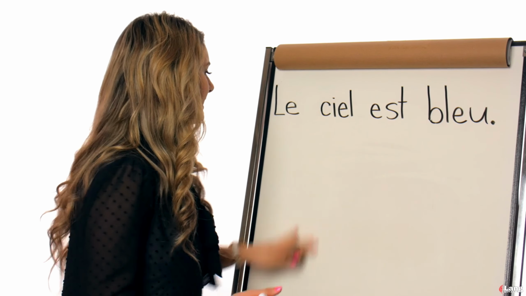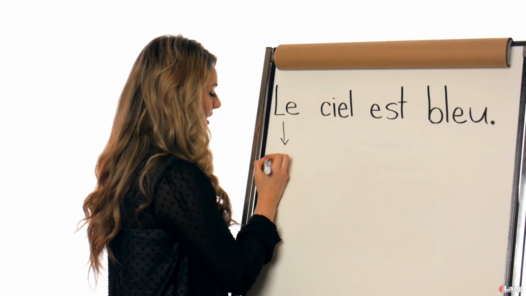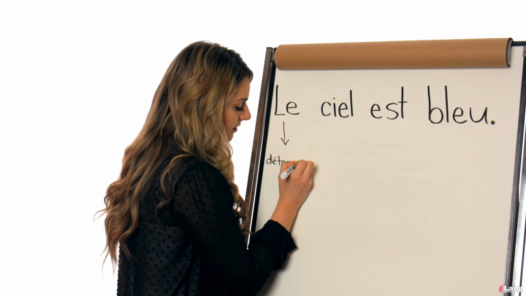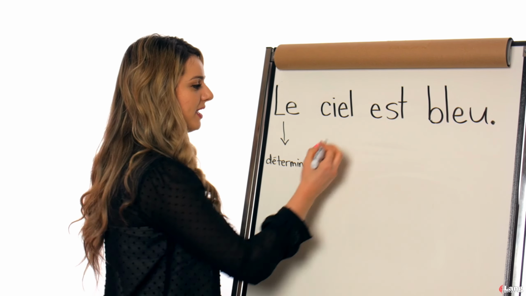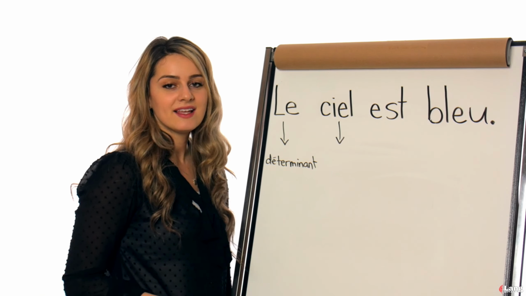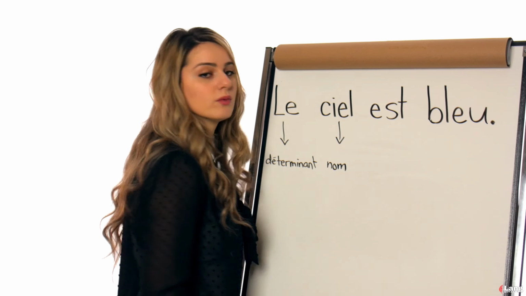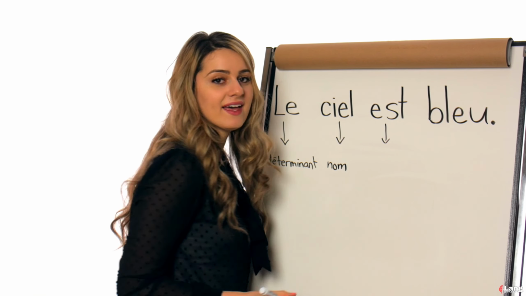So, the le is a déterminant, okay? Ciel is the noun, which is a nom. Est is our verb.